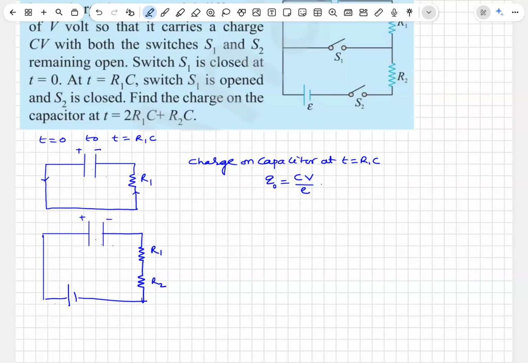At this instant, what is the drop across the capacitor?